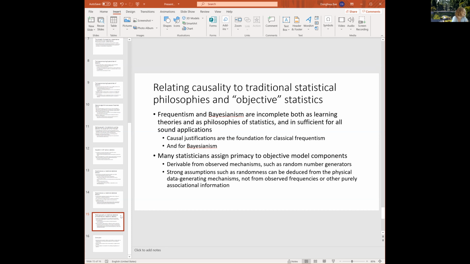From what I see in your slide, they are incomplete both as learning theories and as philosophies of statistics, and sufficient for all sound applications. And he said both can benefit from including causal information explicitly. Many statisticians assign primacy to the objective model component.